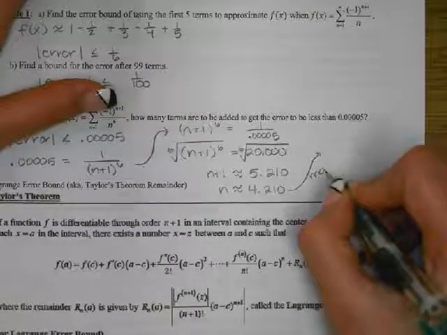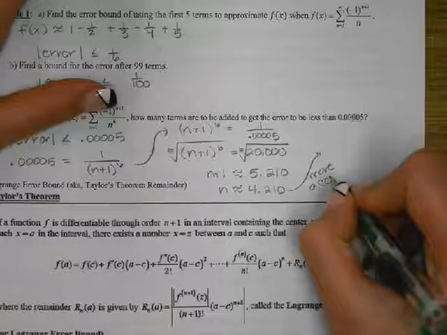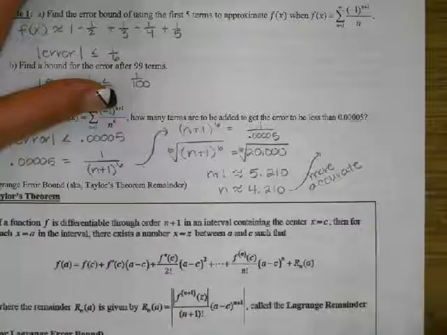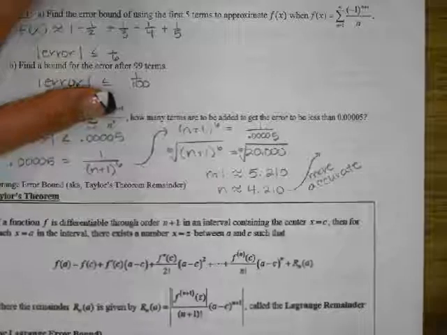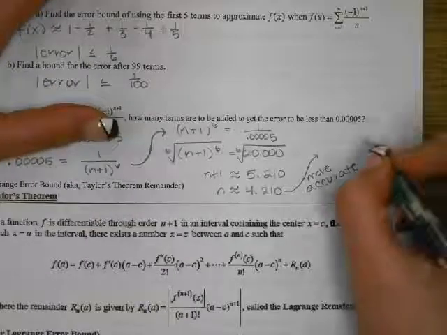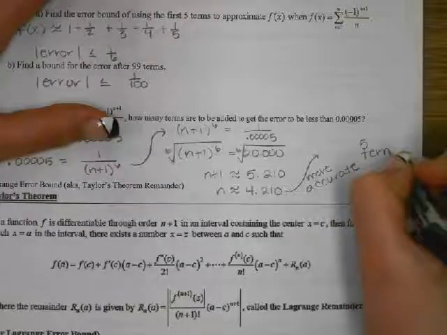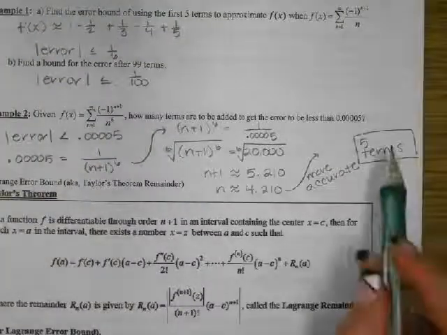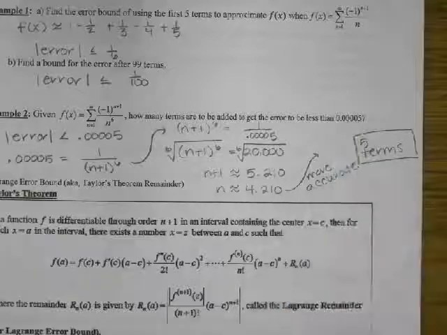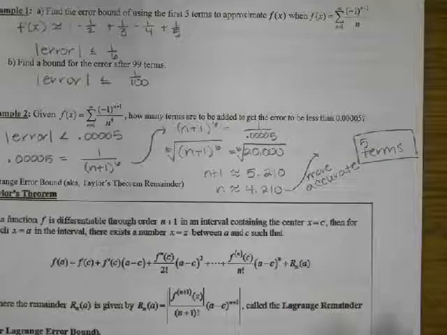So more accurate means we've got to round up. If we round down, then this number is going to be a little bit higher because you're going to be less accurate. So we're going to say we need 5 terms to be able to hit that level of accuracy. But when you do 5 terms, you're actually going to be a little bit more accurate than we wanted. So that's okay.